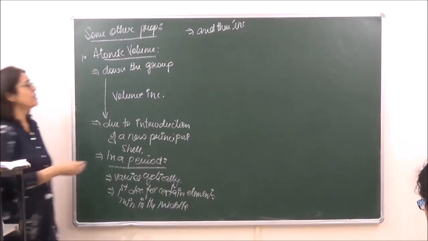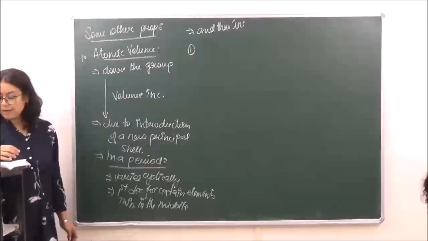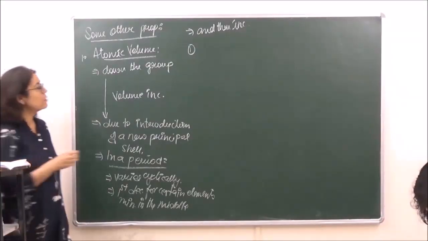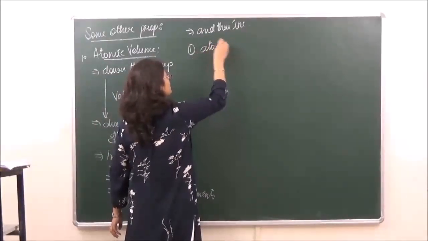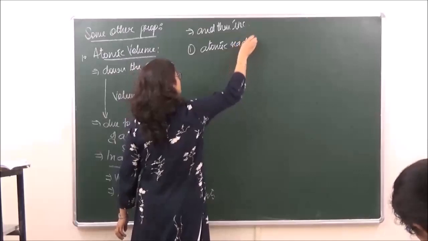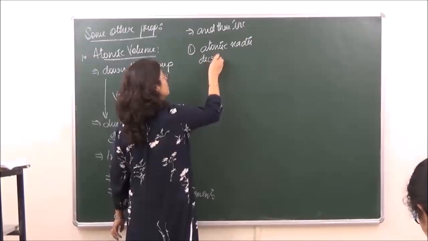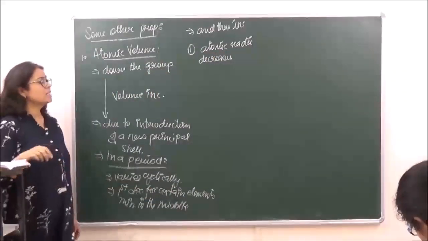Why does this happen? This happens because of two factors, right? The first factor is that atomic radii decrease. We know that when we are going along a period, the atomic radii decrease. Why do atomic radii decrease along the period?